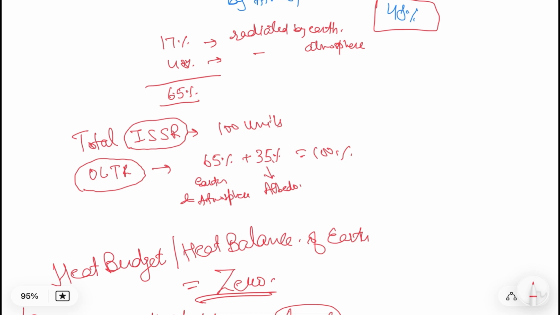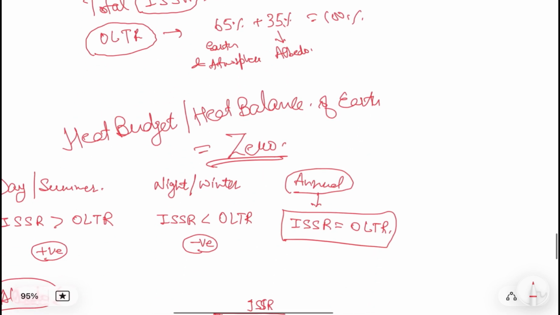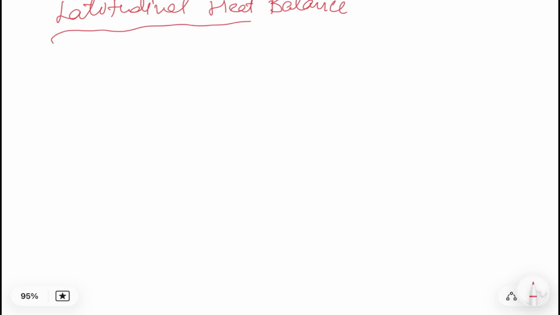And 48% is radiated back by the atmosphere, maintaining the net heat budget. Now this is the concept of the latitudinal heat balance, that is how latitudes affect the degree of absorption.